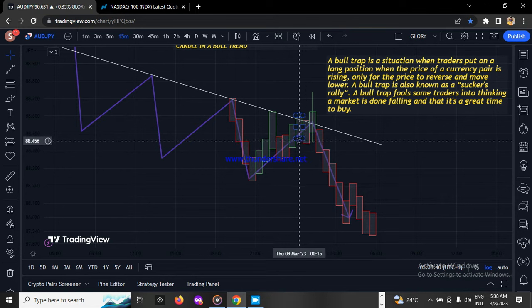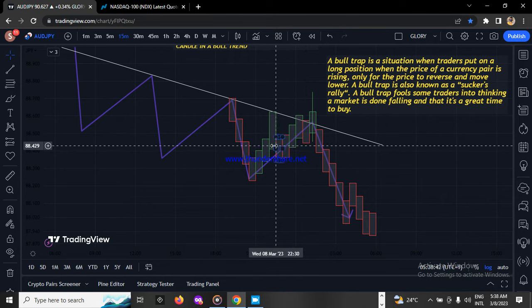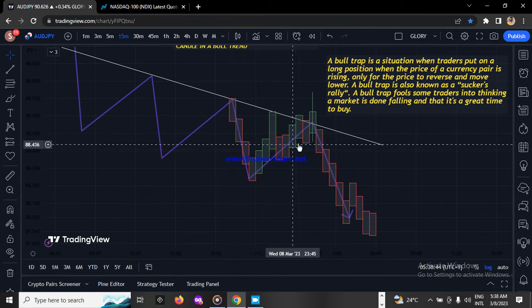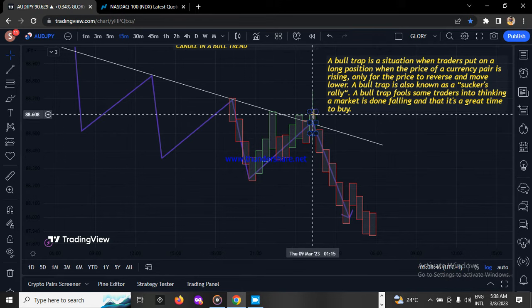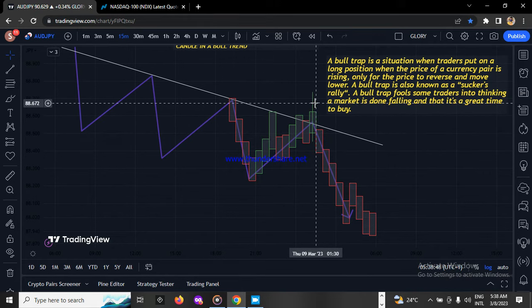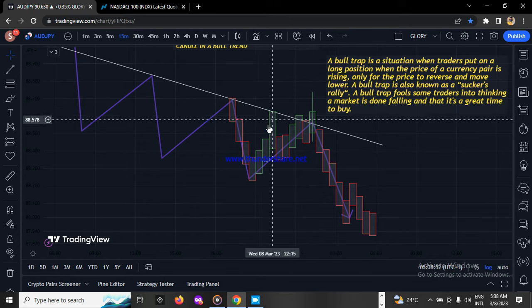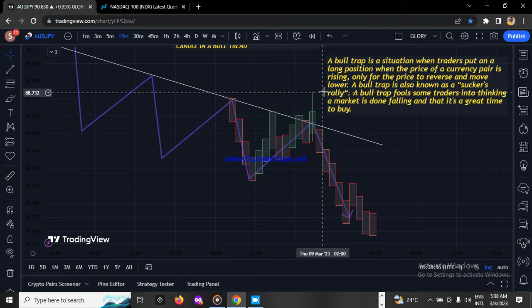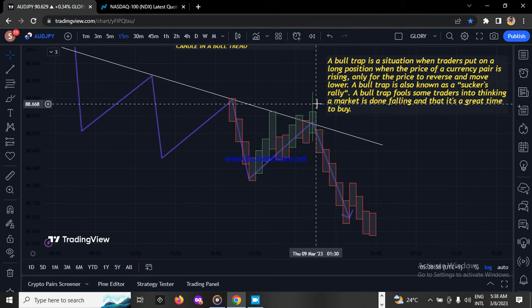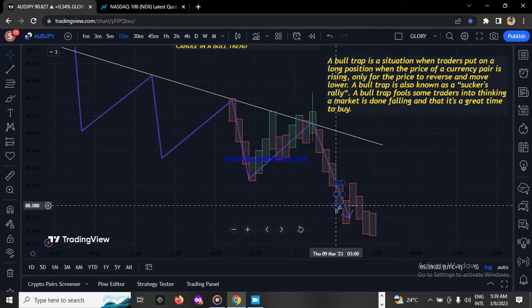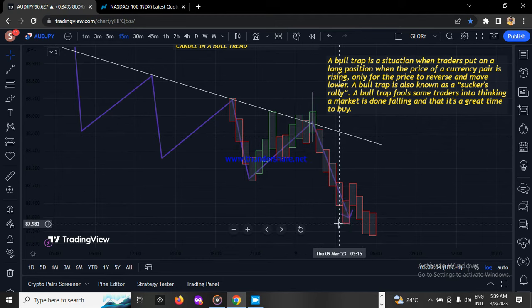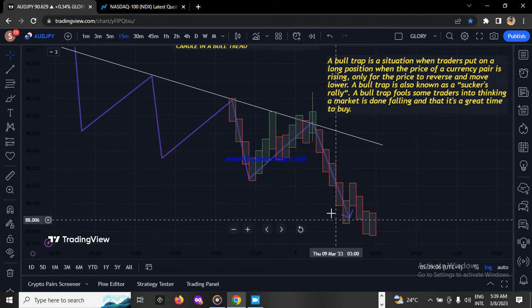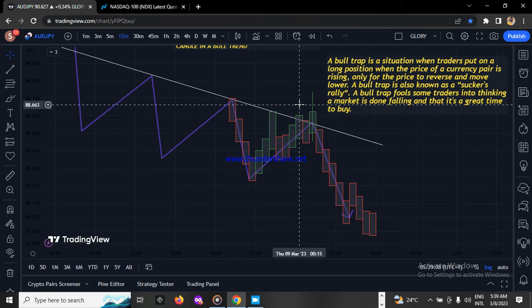At this point, you can see how the market rose above this high, as if it wanted to change direction. Then all of a sudden it started falling down again. So that is a pure trap.